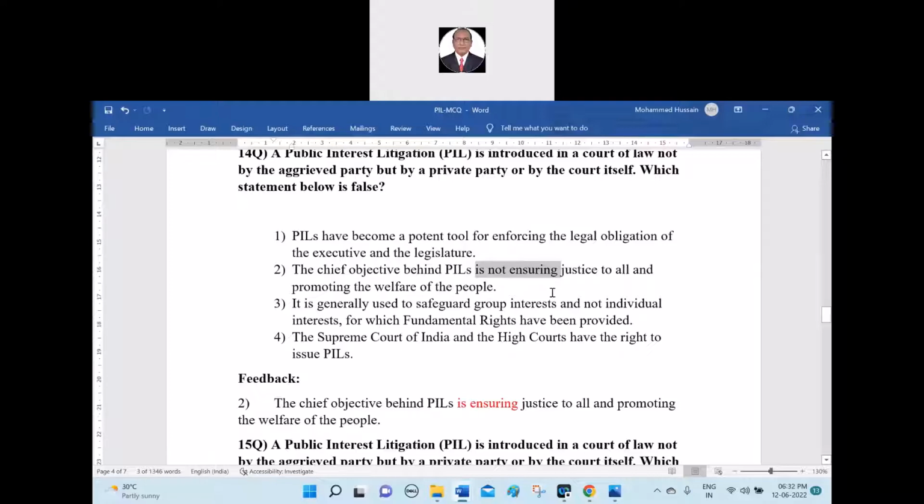But the first one is also not related. No, the first one is right. Even they can make it out. Yes, obligation of the executives or the legislatures. They are supposed to do it, and if they did not do it in a proper manner, then a PIL will be filed. Even though a person need not have suffered, nor is he a relative, any person can make it out. For instance, Hussain Khatun Ara, actually she is not the person.